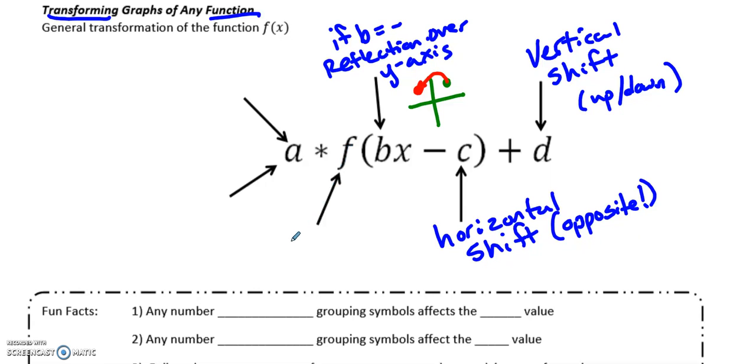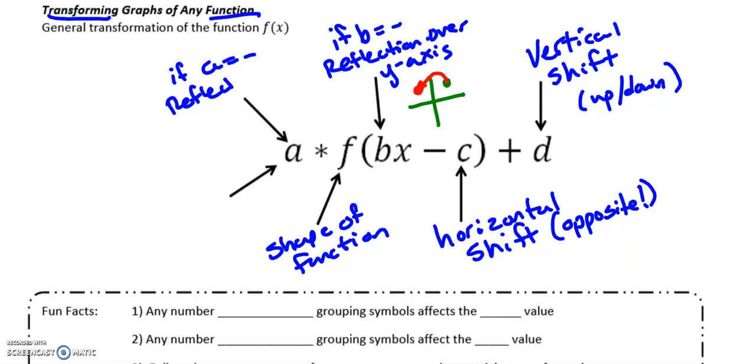The f out here just gives us the shape of the function, which will mean a lot more once we start replacing f with certain parent graphs that we have. For now, we're just going to leave it as f or some other letter. And we have a. A does two things. If a is negative, we're also going to have a reflection, but that reflection is going to be over the x-axis.